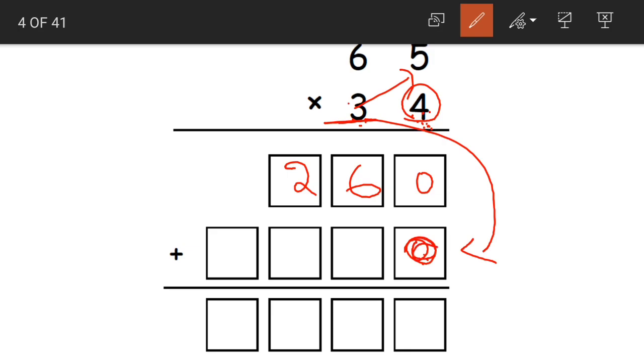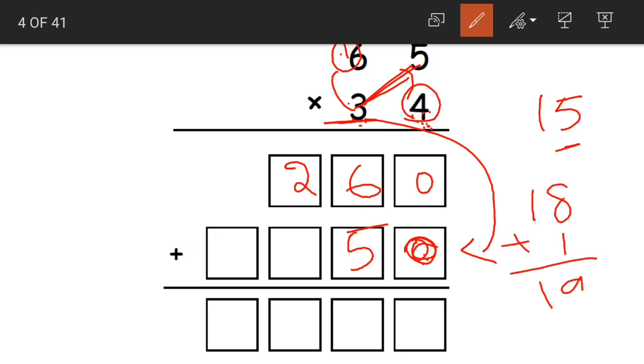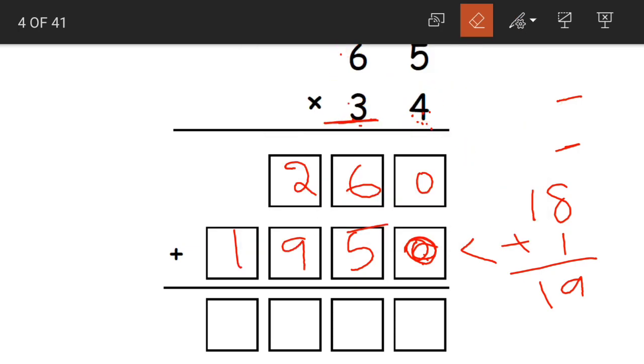Now let us start multiplying. 3 5s are 15. 5 is written here, 1 carried. Now 3 6s are 18. 18 plus 1 becomes 19. So 19 is written here. Okay children, our problem is almost done now.